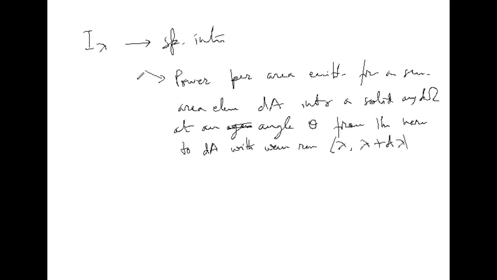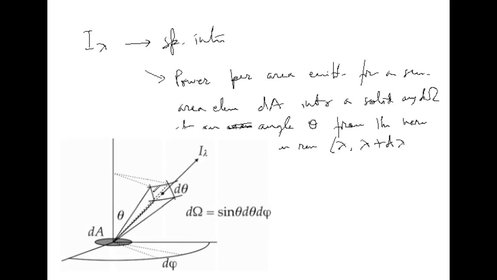Now although this I lambda is not a vector, it is possible to draw it with an arrow to indicate the implied direction of the energy flow. So let me show you the plot. Here is the plot that I was talking about.